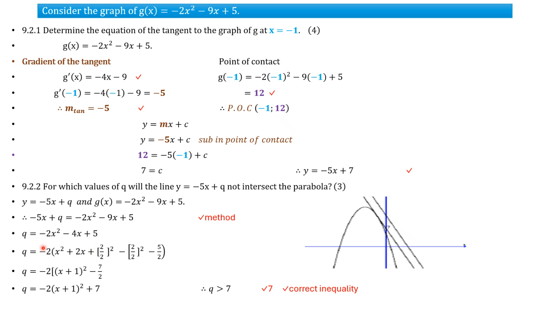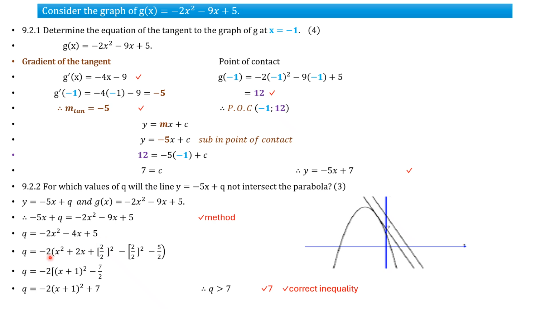By completing the square, I first take out negative 2 and I'm left with x squared. Minus 4 divided by negative 2 gives me plus 2x. Half of 2 is 1, so I add and subtract (2 divided by 2) squared, so that becomes 1 squared minus 1 squared. So I'm adding 0.